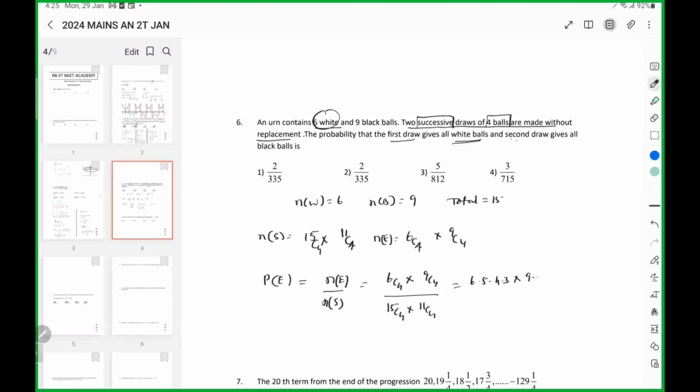6 5 4 3, 9 8 7 6, by 15 14 13 12, 11 10 9 8.